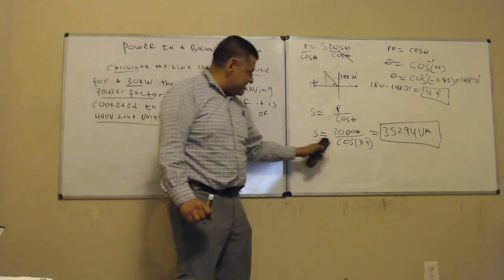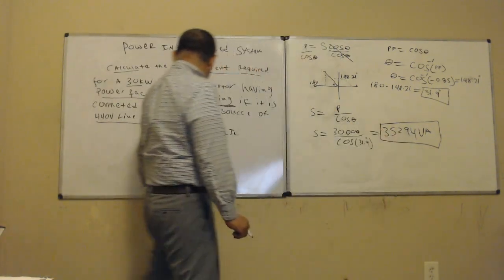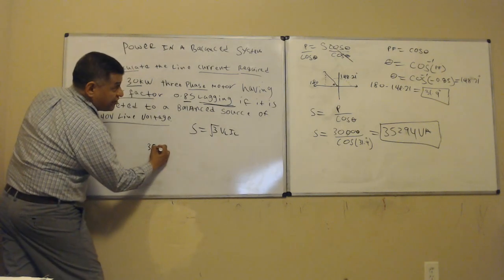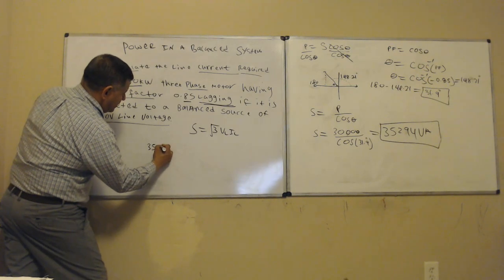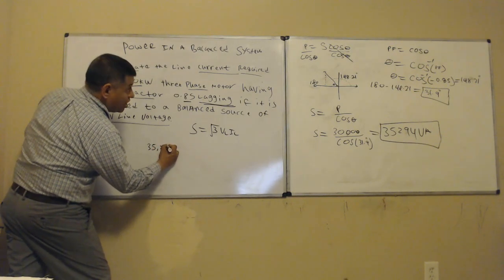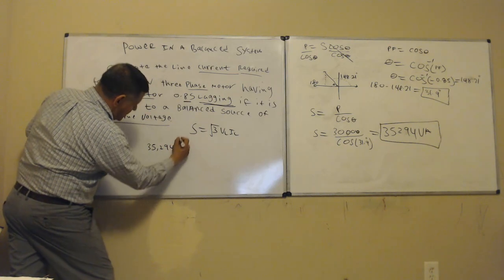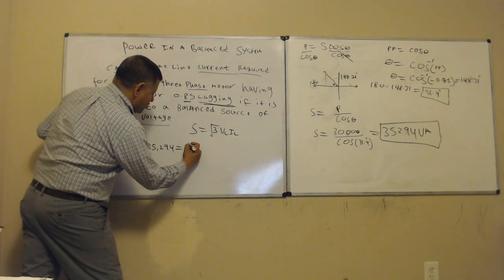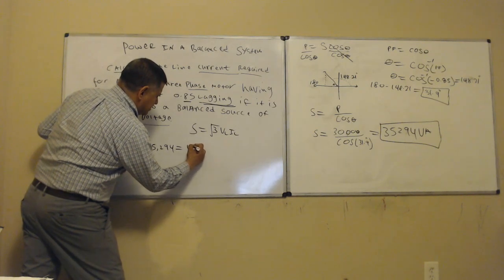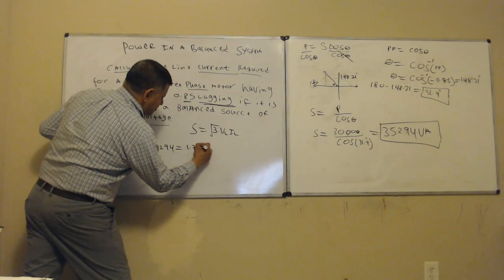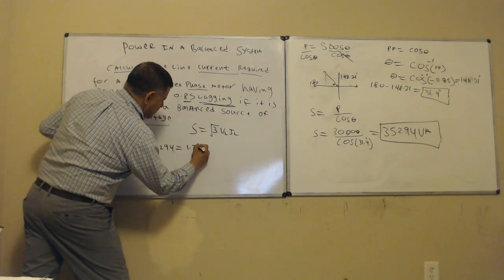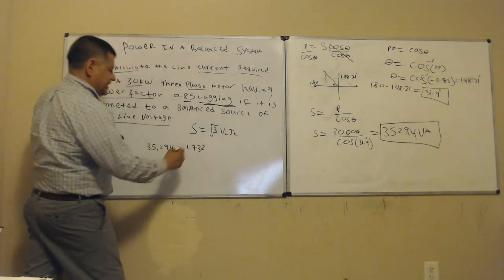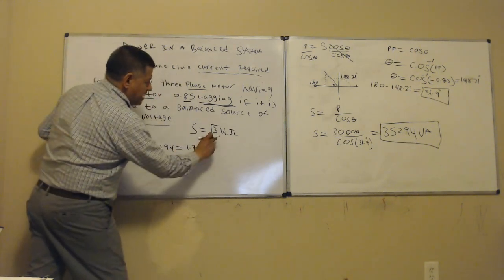So what I can do is replace S, and I can say that 35,294 VA is equal to the square root of 3, which is 1.732, times V line.